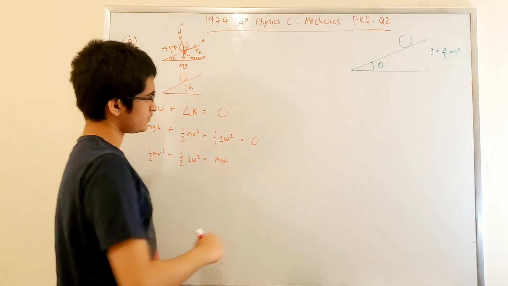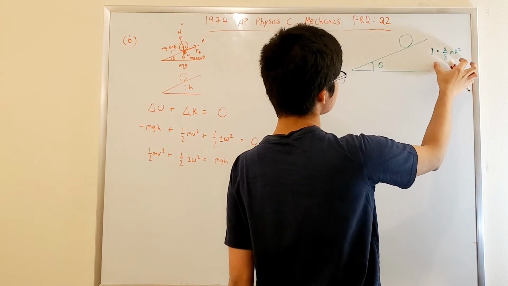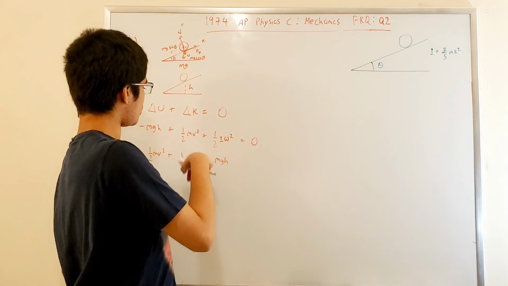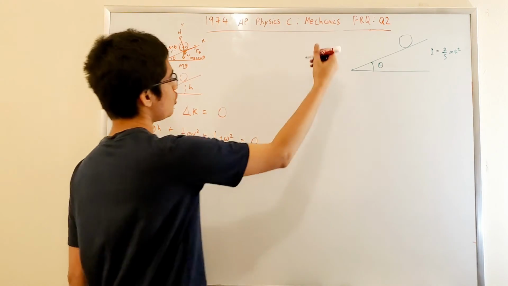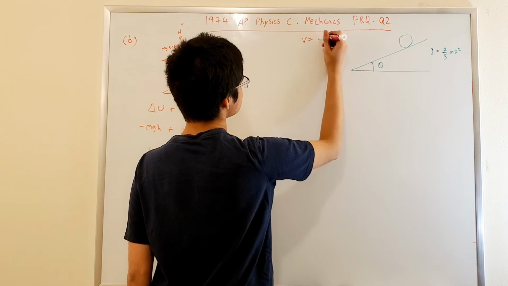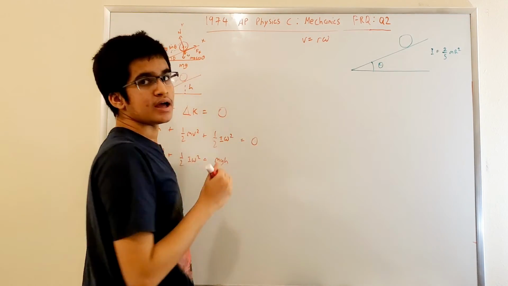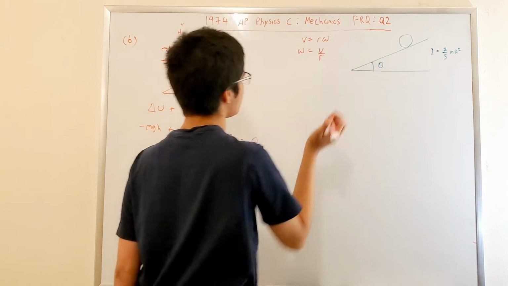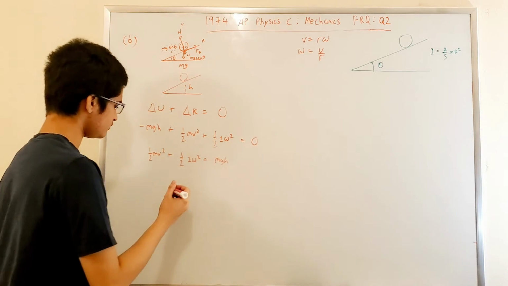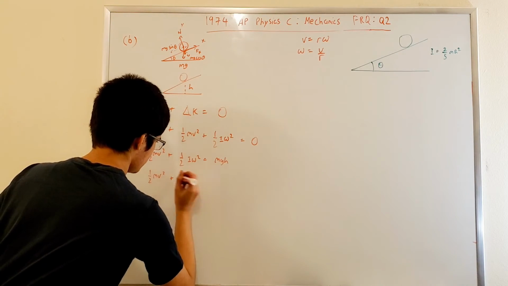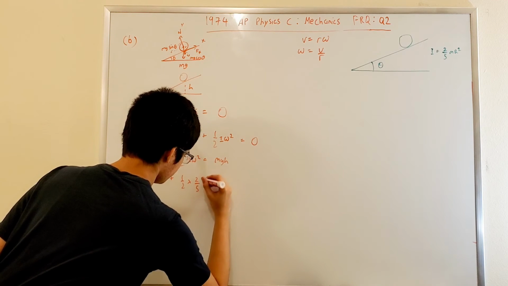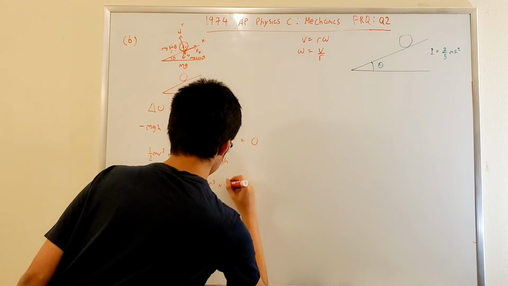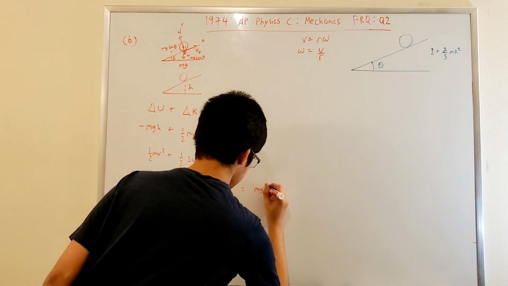Now we can use the fact that the moment of inertia of a sphere is 2/5 mr squared, and that the object is not slipping, so our velocity is equal to the radius times the angular velocity, which means omega is equal to v over r. Substituting all those in, we get 1/2 mv squared plus 1/2 times 2/5 mr squared times v squared over r squared is equal to mgh.